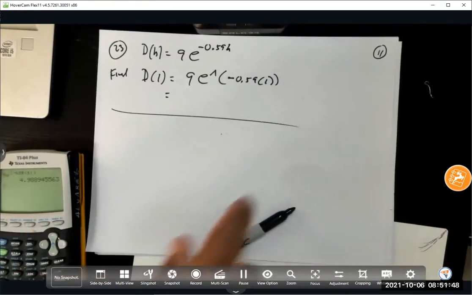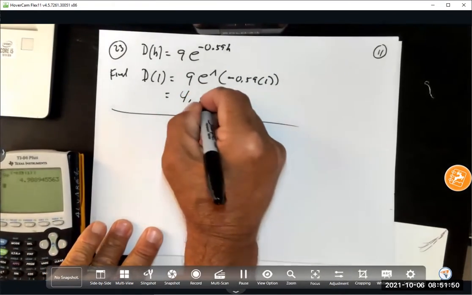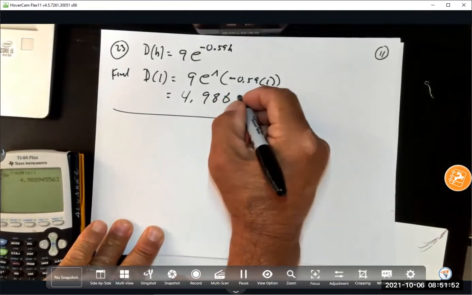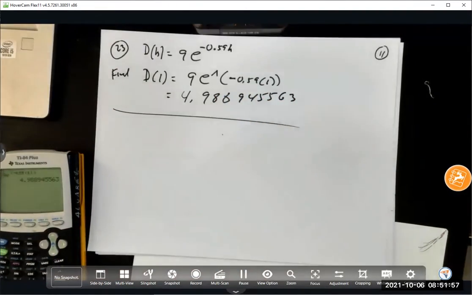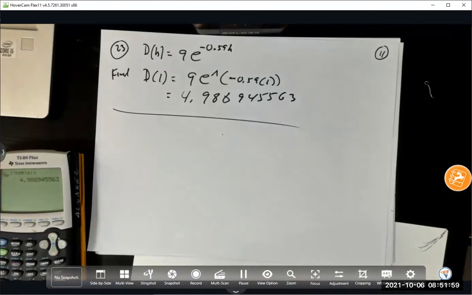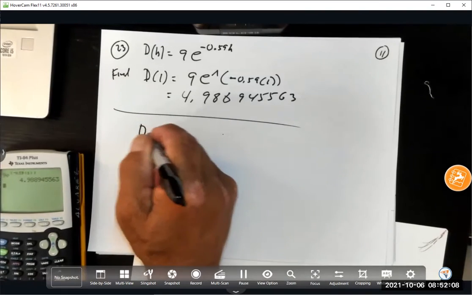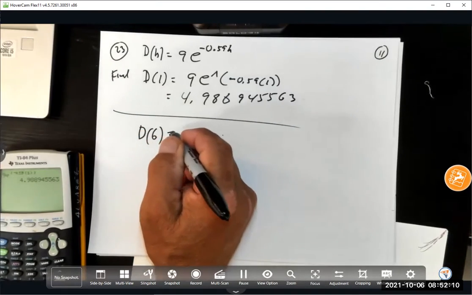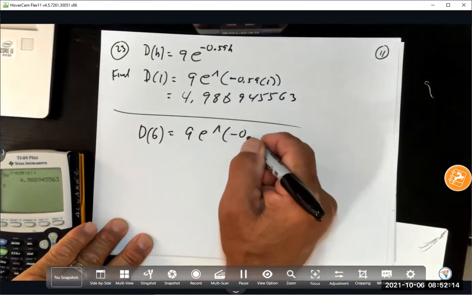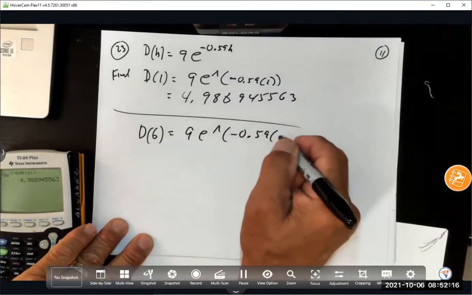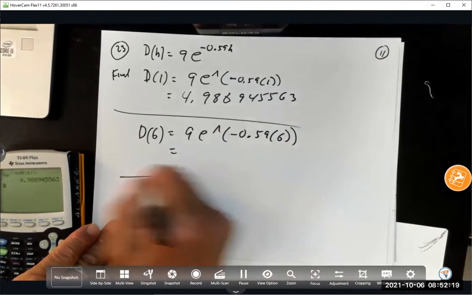All right, I got this number: 4.988945563. Y'all get this number here, yes or no? Yes. Okay. All right, so let me do this one. Do d of 6, same problem. Let's go 9e to the power of negative 0.59 times 6. Give me this answer.